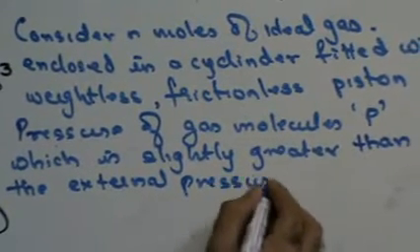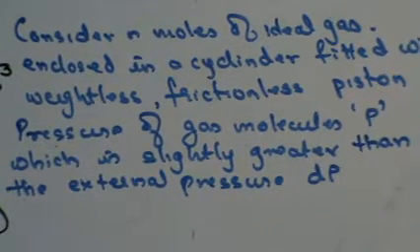Let's assume that the external pressure is, say, dP. The pressure exerted by the gas on the piston is P. The pressure exerted by the piston on the gas is dP.